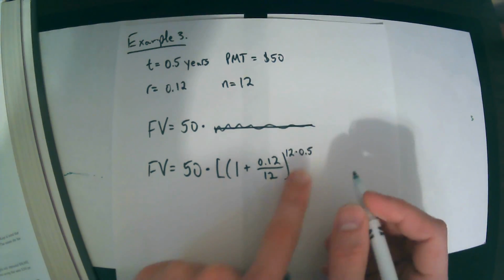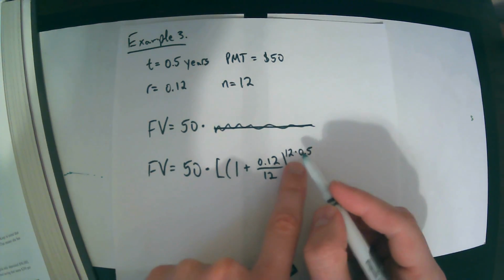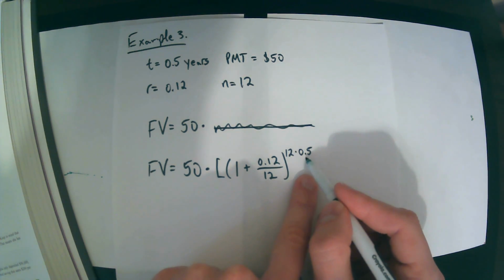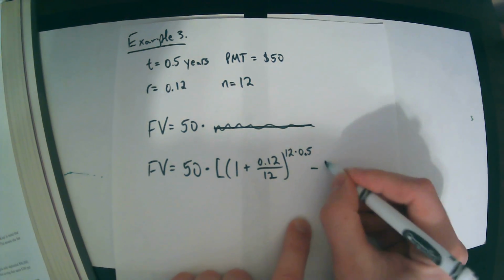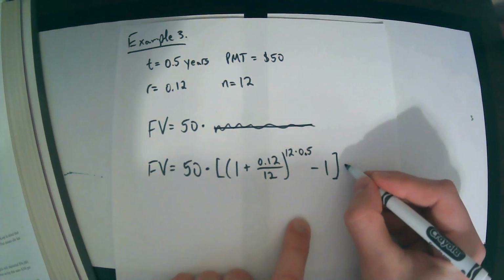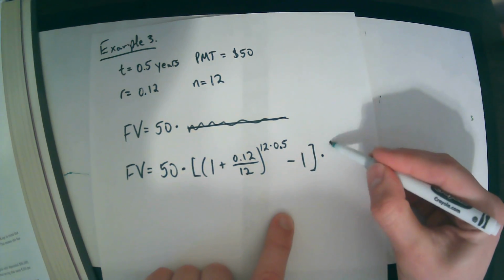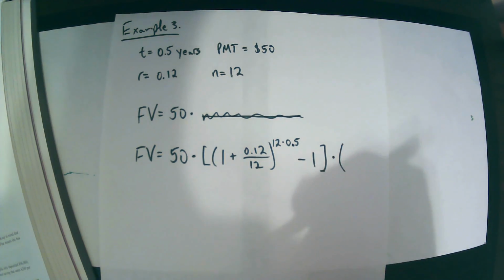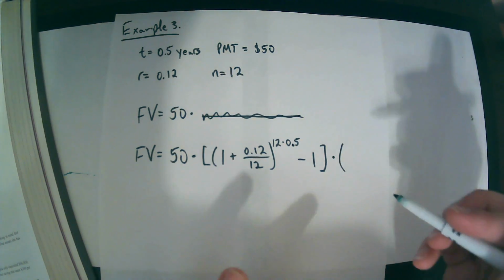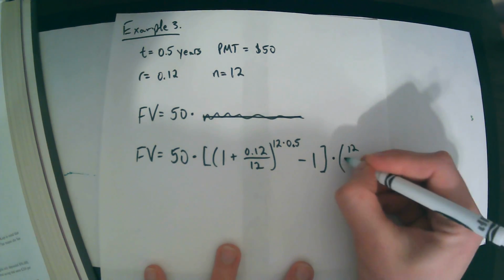So 12, that's 12 for n, times 0.5 for time. Okay, that's a decimal, that's a multiplication. All right, then minus 1, close the bracket, and then another multiplication here coming, and instead of r over n, which is what it was in the denominator, if we're now flipping and multiplying, it's going to be n over r.